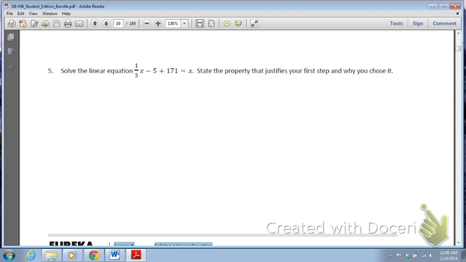Okay, so the first thing I want to do on this equation in number 5 is to get the x's all on one side. And since this side of the equation only has an x so far, I'm going to subtract 1/3 x. So I'm going to use the subtraction property of equality to start with.